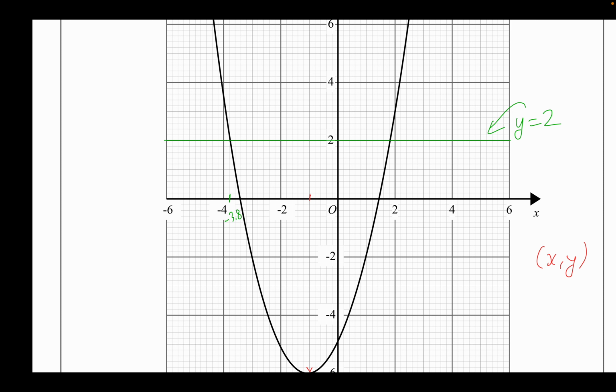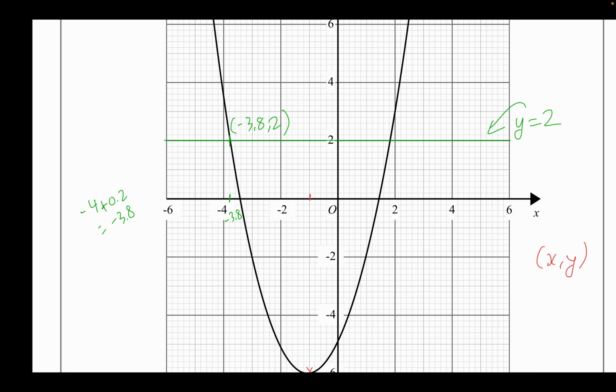Okay, we can just take it as negative 4 plus 0.2. That should give you negative 3.8. So remember the y value here is 2 in this case, so it's negative 3.8 comma 2.